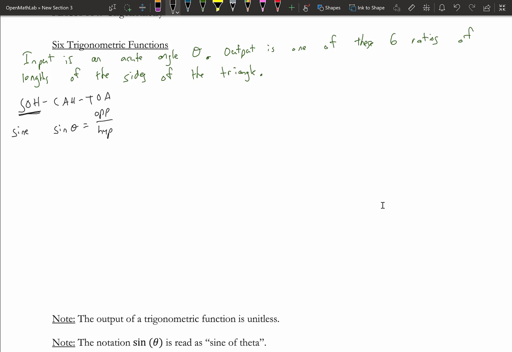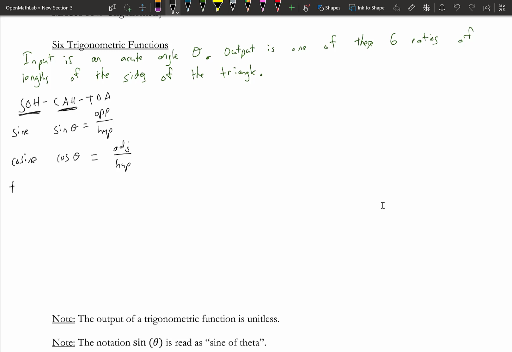The O is for opposite and the H is for hypotenuse. Then we have cosine theta, equal to the adjacent over the hypotenuse. And again, that order matters. C is for cosine, A is for adjacent, H is for hypotenuse.